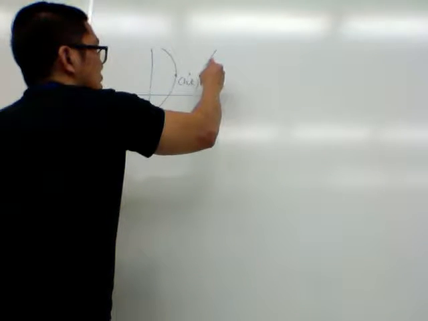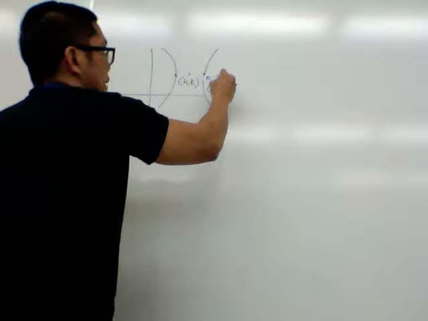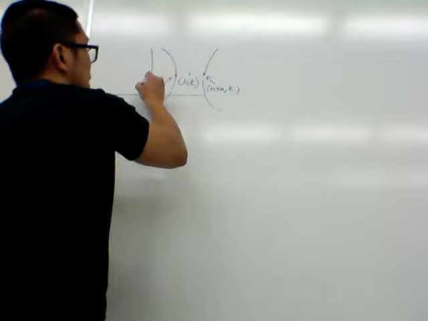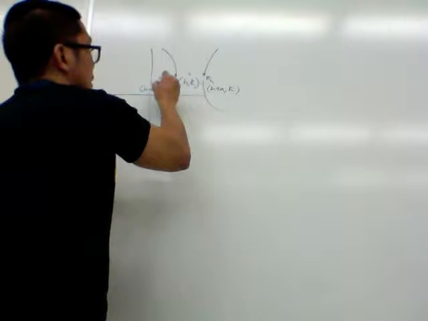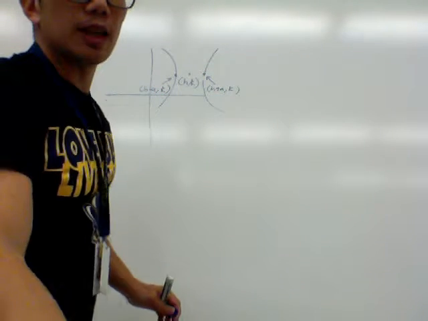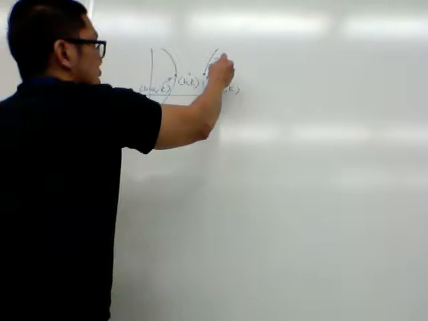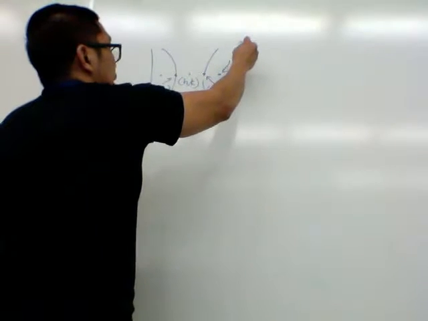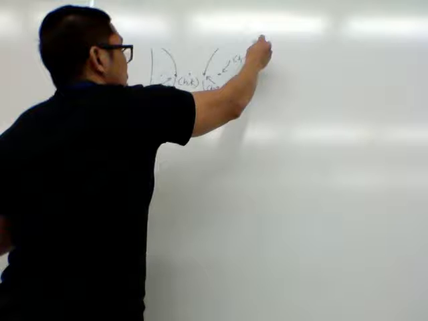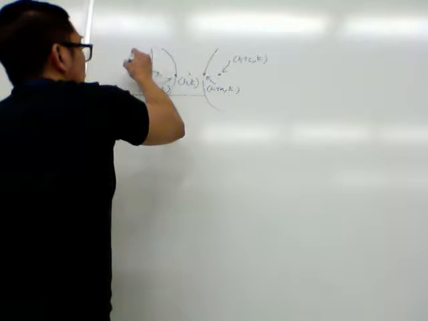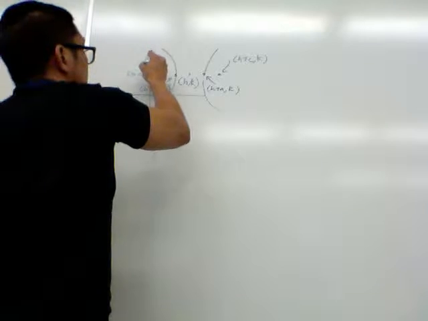So this is (h plus a, k) and this is (h minus a, k). Then my two foci are on the inside. This focus would be (h plus c, k), and this focus here would be (h minus c, k).